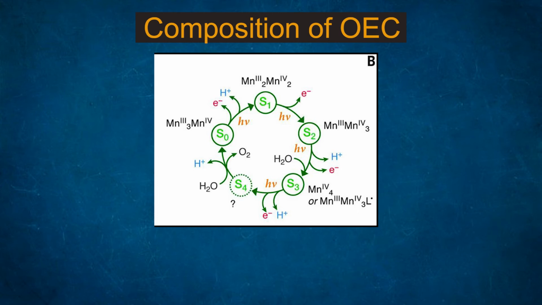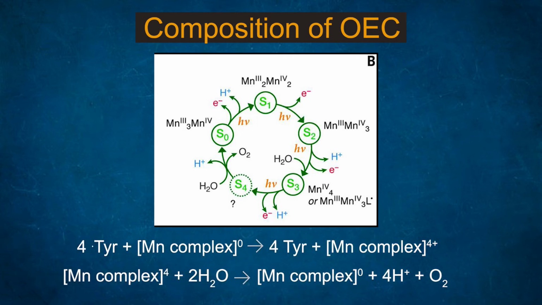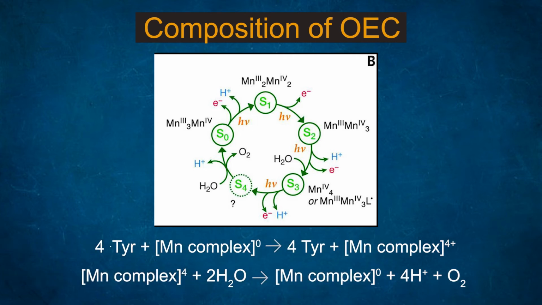During this process, water will be oxidized to produce 1 molecule of oxygen. There will be 4 electrons transferred to the tyrosine residue. From the tyrosine residue, the electrons will flow towards the 4 P680 plus, providing electrons to the deficient reaction center. As I told you, 1 photon of light causes 1 electron transfer.